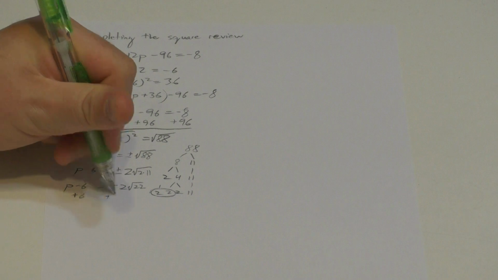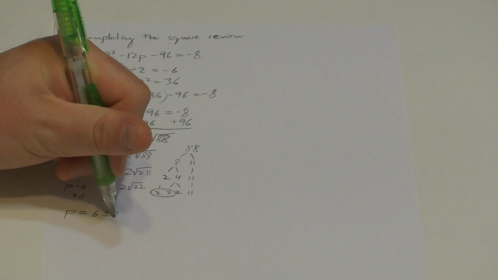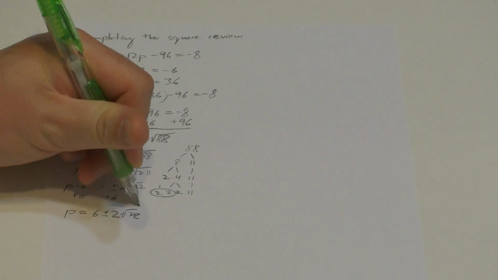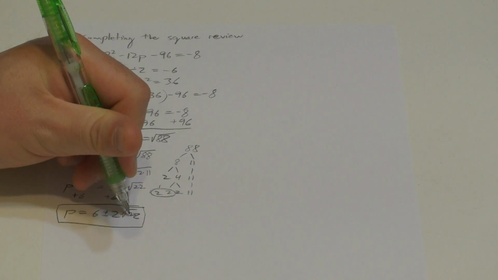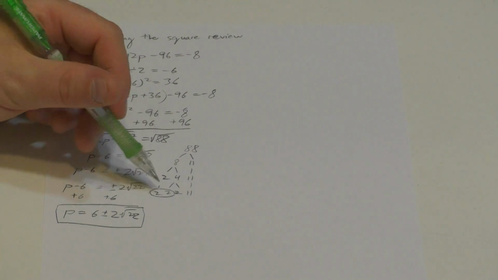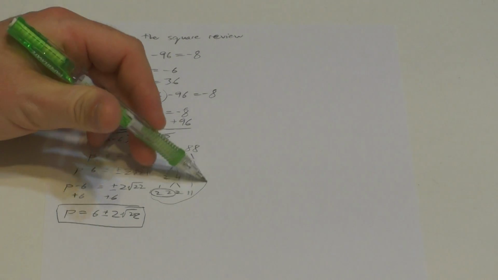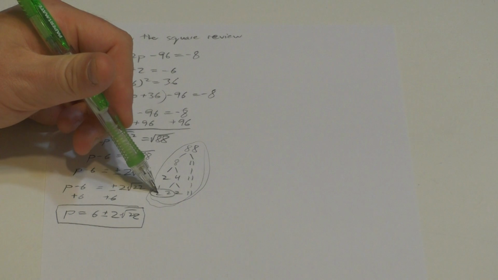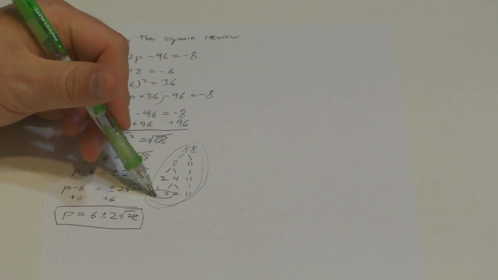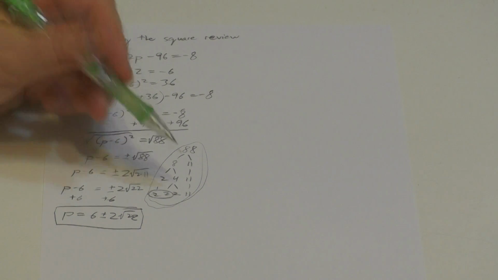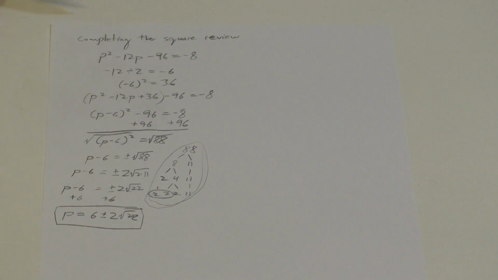Add 6 to both sides again, and I get 6 plus or minus 2 square root of 22. Not a perfect square, but it was broken down a little bit. So occasionally you'll have to do this little prime factorization work to look for a number times itself. So I found this 2 times itself, took it out, left what's over underneath.